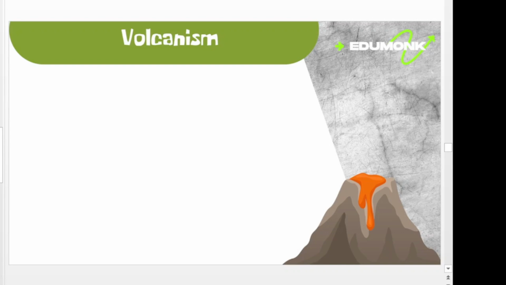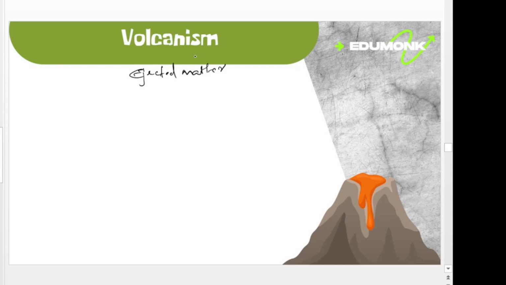Here is a part of volcanism. The magma is coming out from the earth. Then the liquid or the material which is coming out from the earth is known as ejected matter.